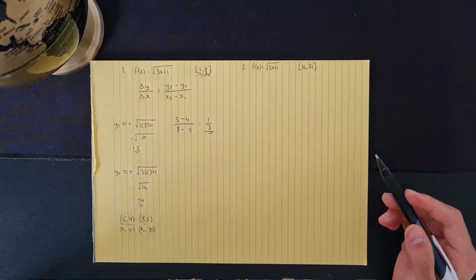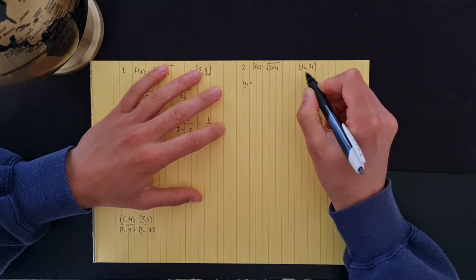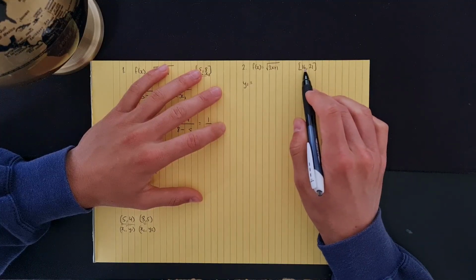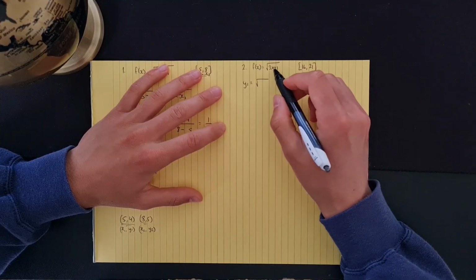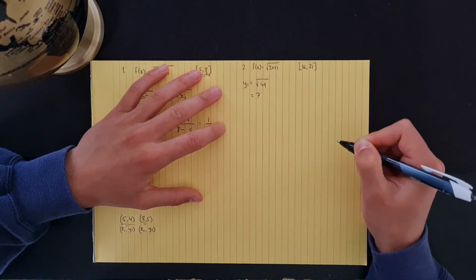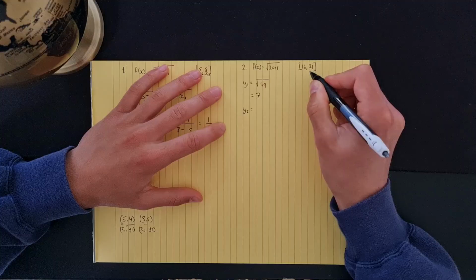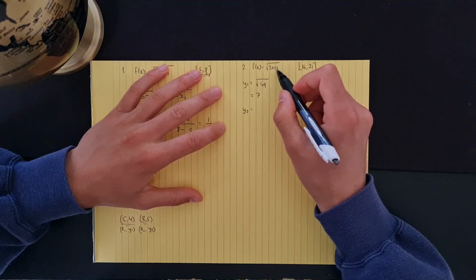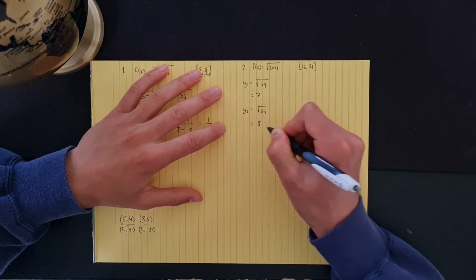To get y1, I have to substitute x1. 3 times 16, I'm just going to do this in my mind, is 48, plus 1 is 49. So y1 is therefore going to be equal to 7. For y2, we substitute x2 in. 3 times 21 is 63, plus 1 is 64. The square root of 64 is just going to be 8.